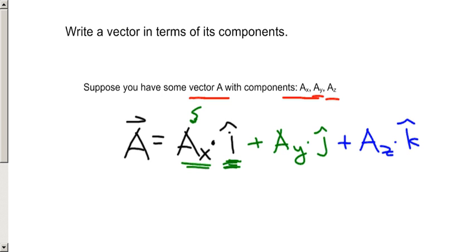So there we have written vector A in component form using its respective magnitudes in the x, y, and z direction, and then we multiplied those magnitudes by i, j, and k to give it direction as well.